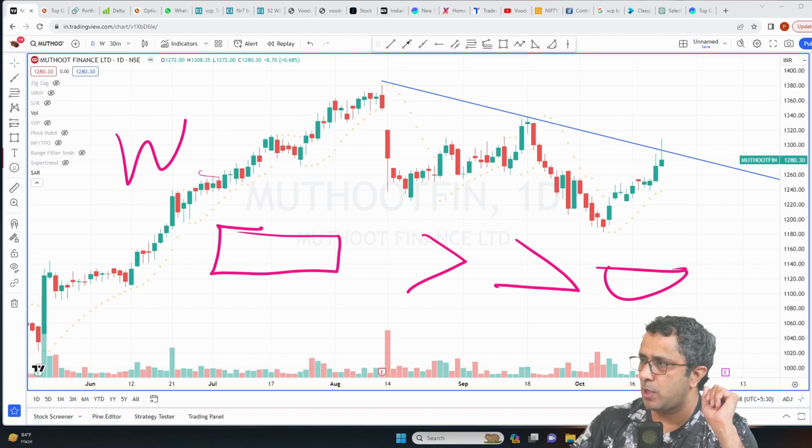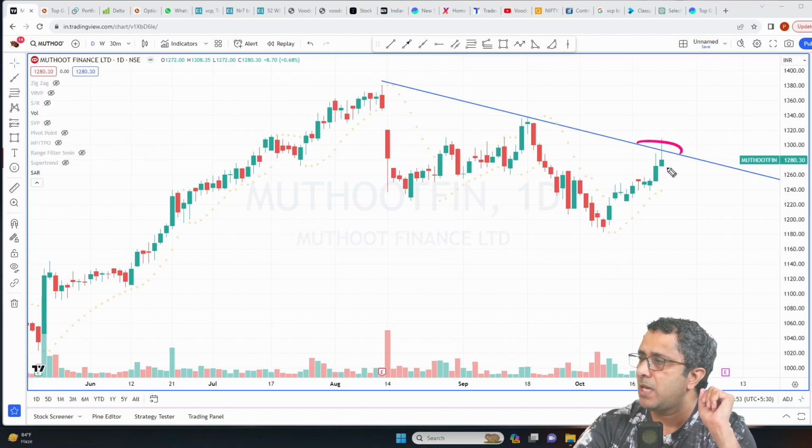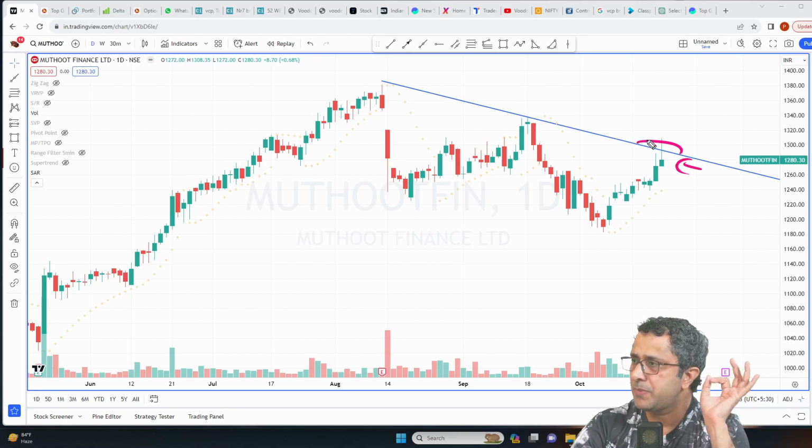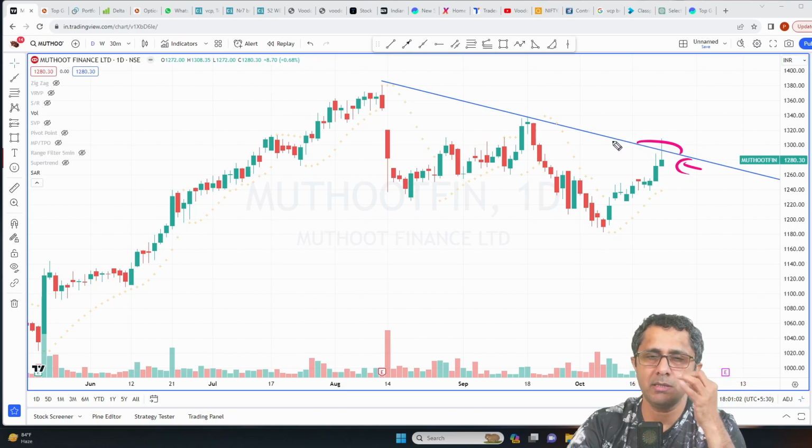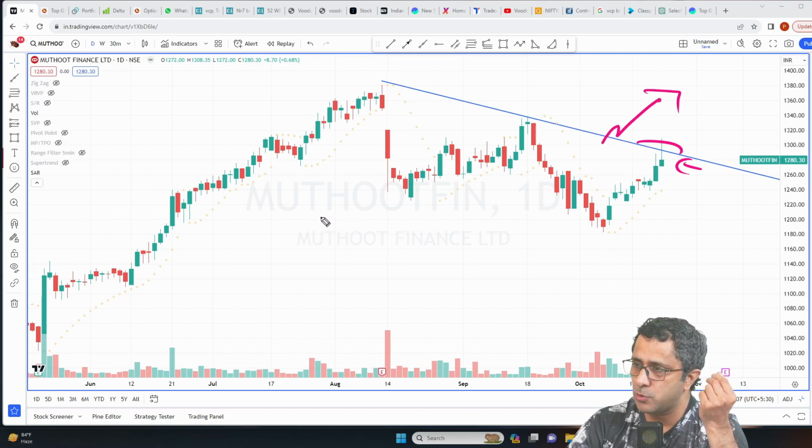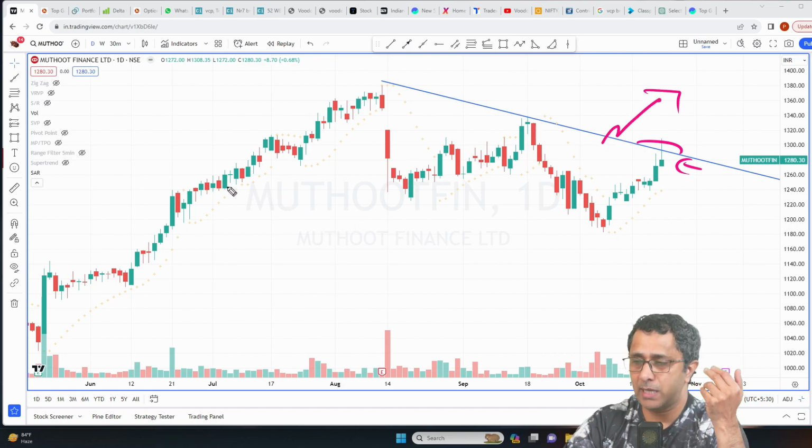Now look at this particular point here, in Muthoot Finance. This has formed a kind of inverted hammer. And again, here also we have the same situation, just like the last stock, ICICI. So we need another one. But here what we can do is, let's assume there's a second condition here.